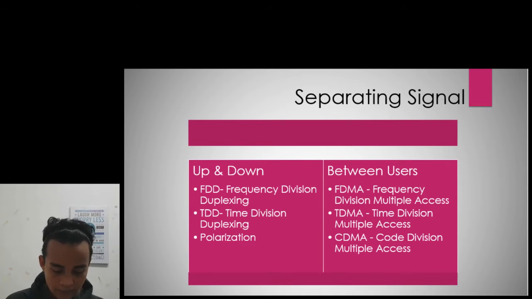For separating signals up and down, we use FDD, frequency division duplexing, TDD, time division duplexing, and polarization. Between users, we have FDMA, which is frequency division multiple access, and TDMA, time division multiple access. CDMA is code division multiple access, which we are using for our communication system.